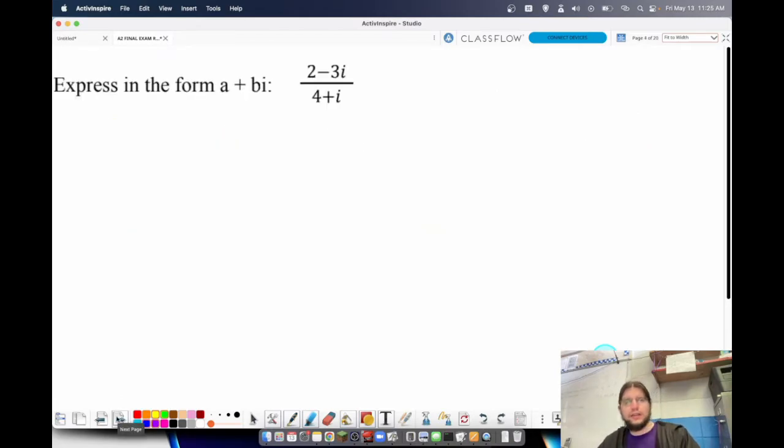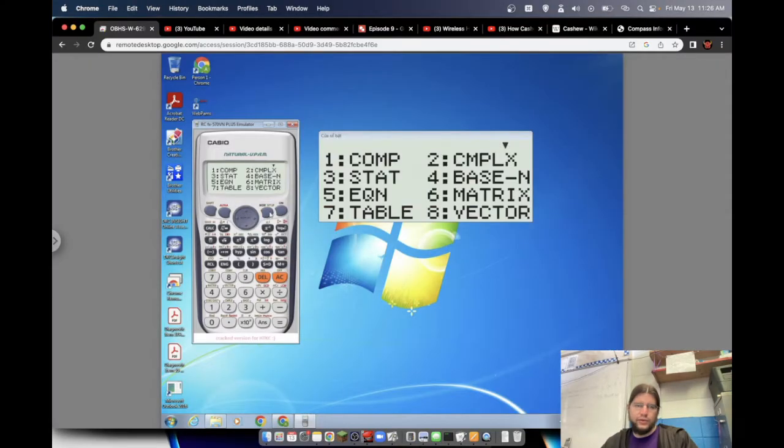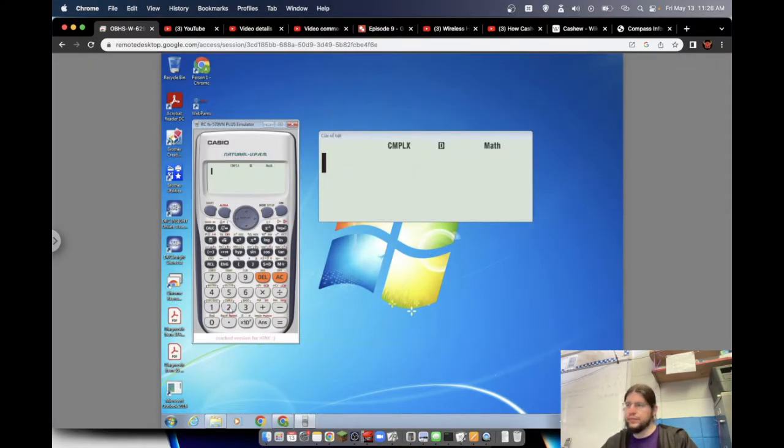All right. Complex number. This is probably the easiest problem on the test. You type this into mode 2. So take your calculator. Mode 2. And just type it in. It's a fraction. It says 2 minus 3i. i is right here above the 8.